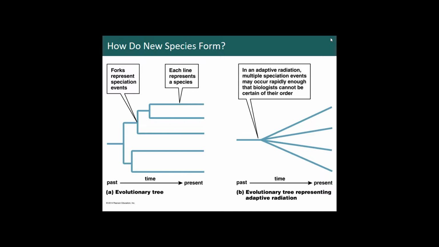And so they can take over those niches, and that allows them to differentiate pretty rapidly, because one individual decides it likes to drink flower nectar and another likes to eat insects, and then they're spending their time doing different things. And so they become reproductively isolated pretty rapidly if they're focusing on different things.